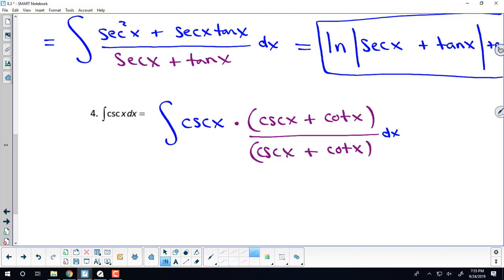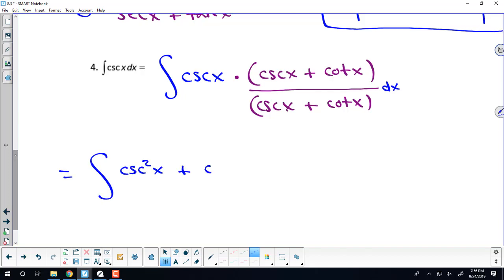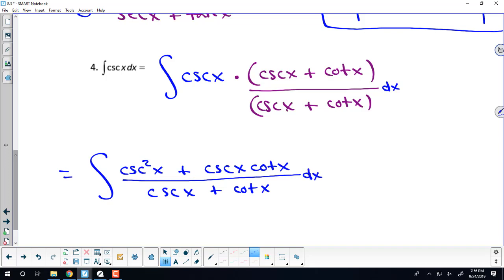All right, so this forces it almost into logarithmic form because we have cosecant squared plus cosecant cotangent on top, all over cosecant plus cotangent. What is the derivative of cosecant? Negative cosecant cotangent. And the derivative of cotangent?